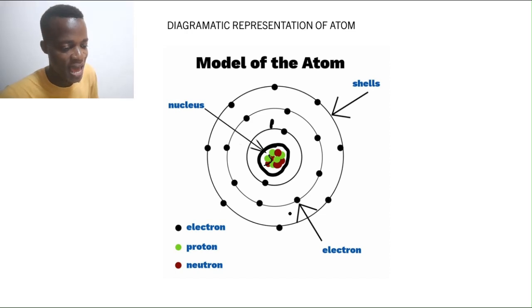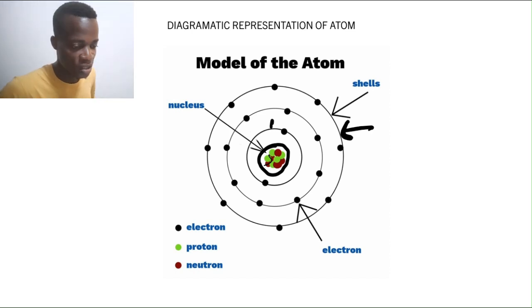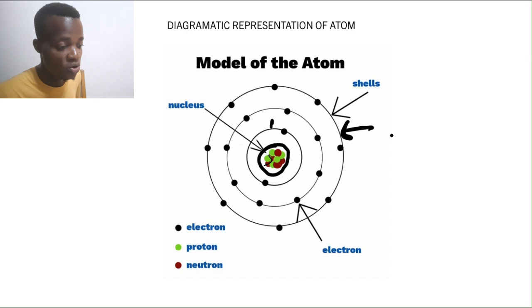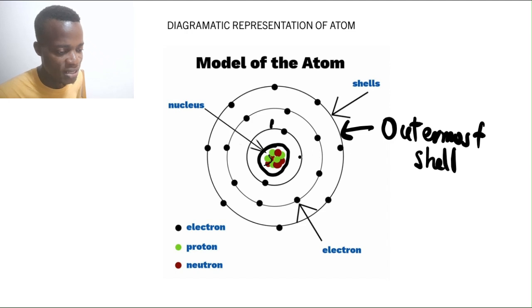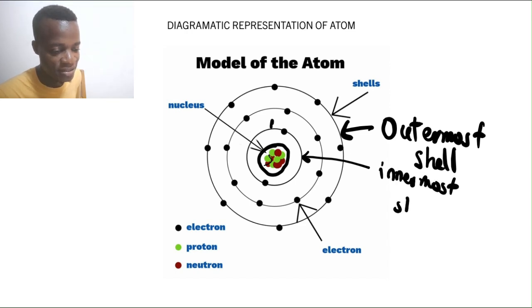So this last shell, the biggest, the largest one, we call the outermost shell. The one that is inside, the very first one after the nucleus, is called the innermost shell. Innermost, meaning it's very inside, right? But all of them are called shells.